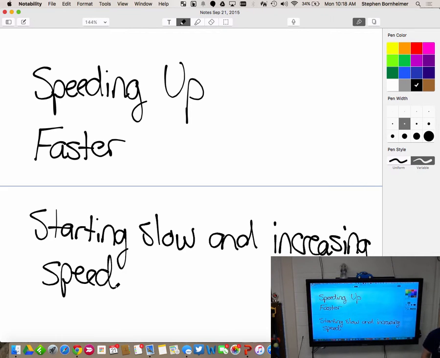What word do they use in the definition? Velocity or speed? They use the word velocity.